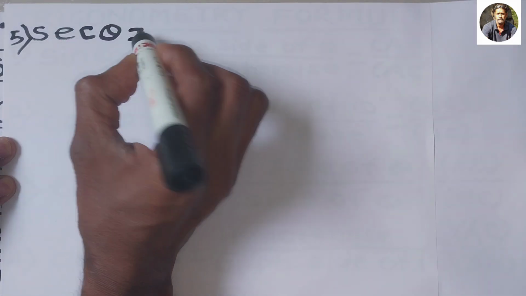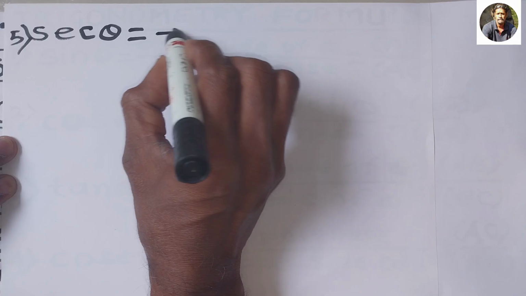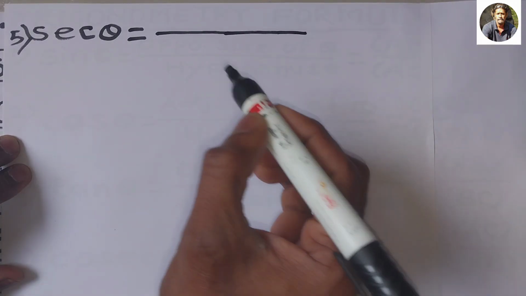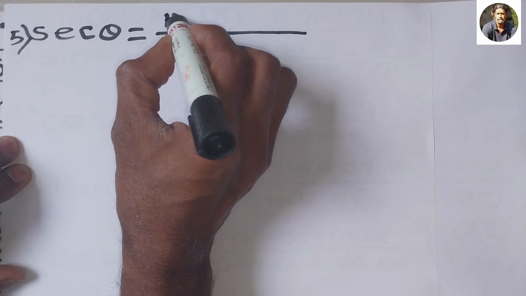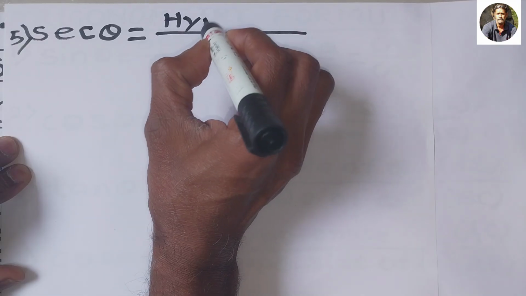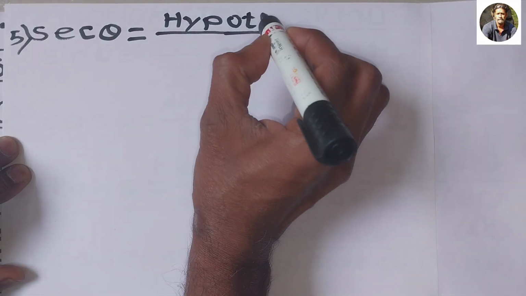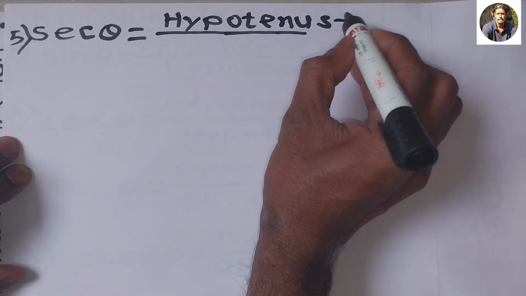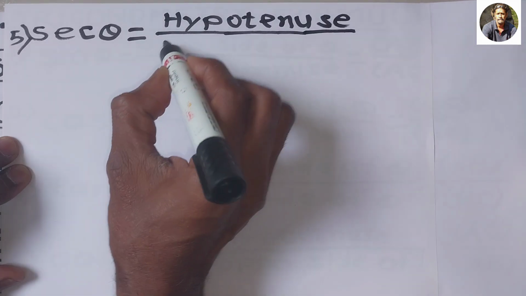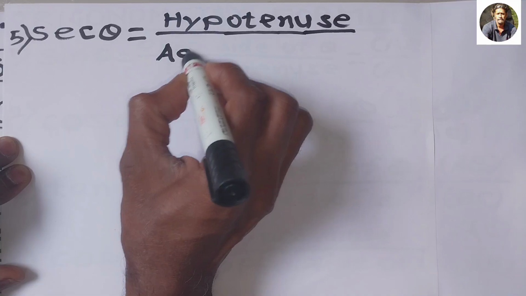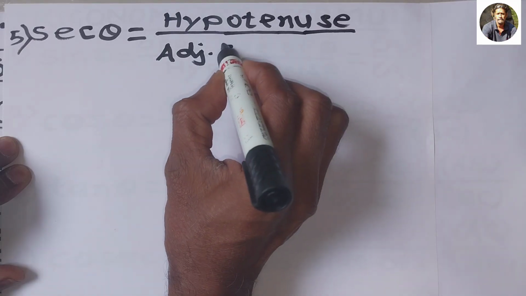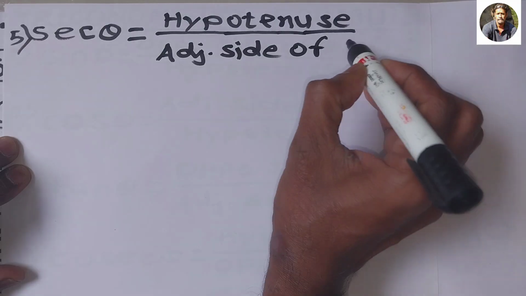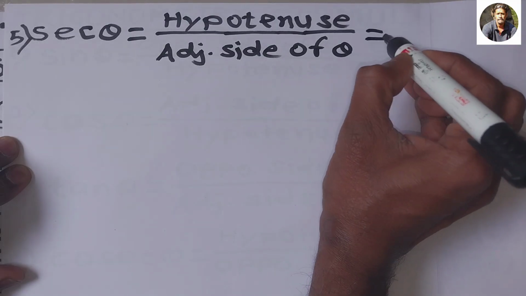Sec theta is equal to completely reverse of cos theta, that is hypotenuse upon adjacent side of theta.